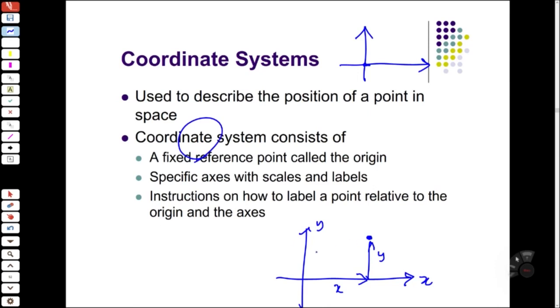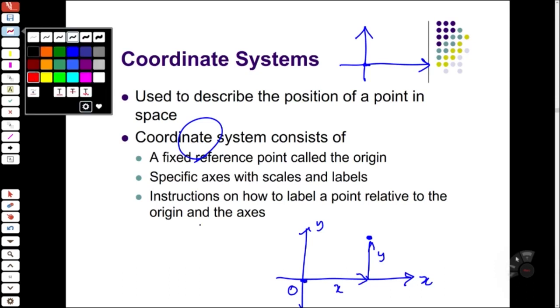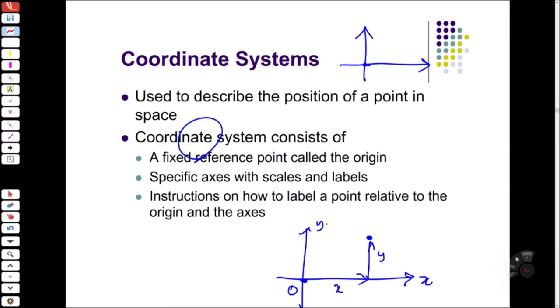And to describe the coordinate system, you first have to specify a point. This is called a reference point. Okay, you can take this point to be your coordinate origin, or for example I can take this point. So it is up to you.